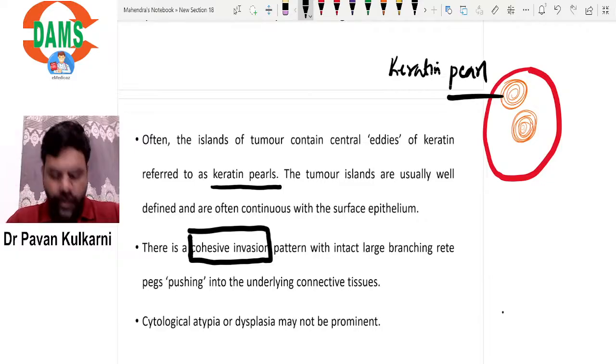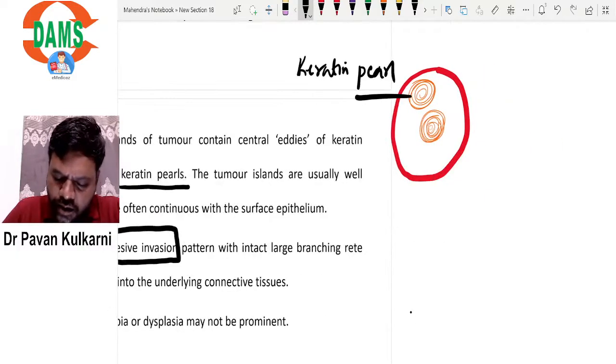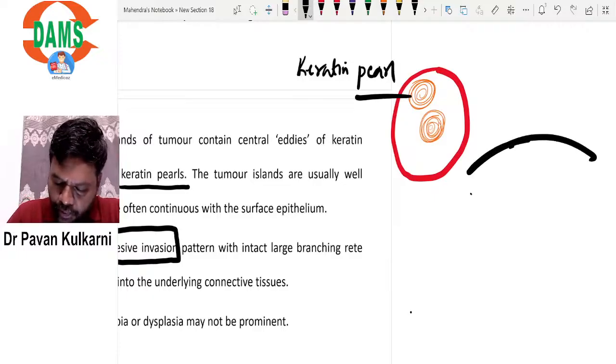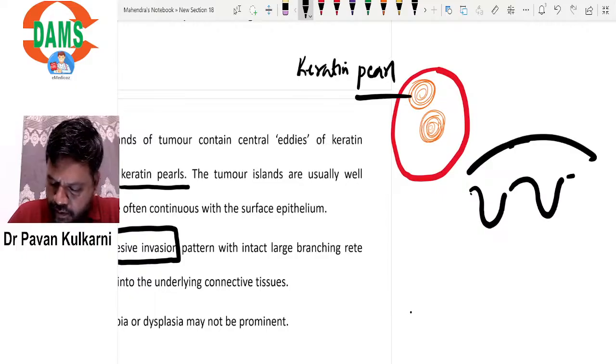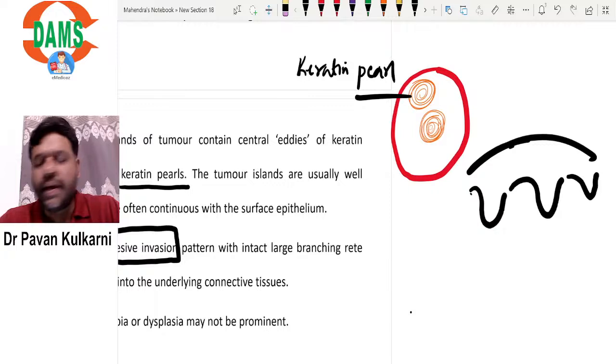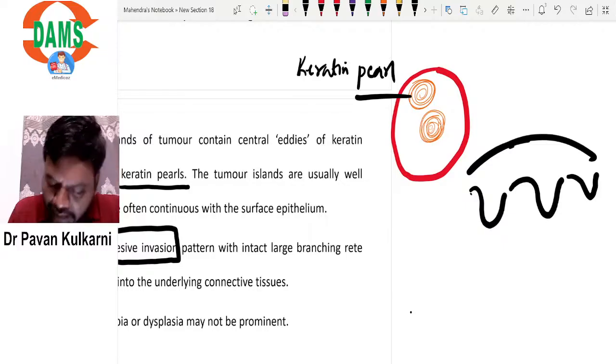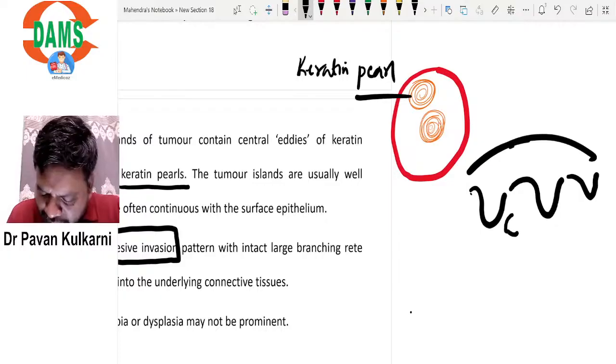Cohesive invasive pattern. That means, suppose this is the epithelium. Now here, what the sentence tells is that in well differentiated squamous cell carcinoma, the epithelial cells which have invaded into the connective tissue will be cohesive like this.